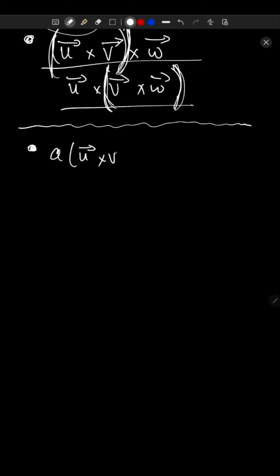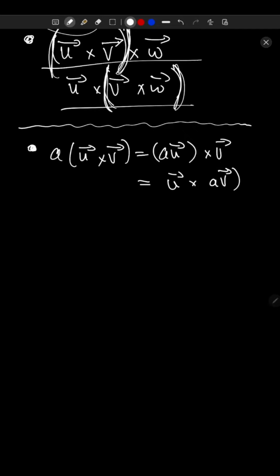U cross V is equal to AU cross V, which is also equal to U cross AV. What this says is if I have two vectors, I can cross them first and then scalar multiply the result. That's the same as if I scalar multiply one of them first and then do the cross product.